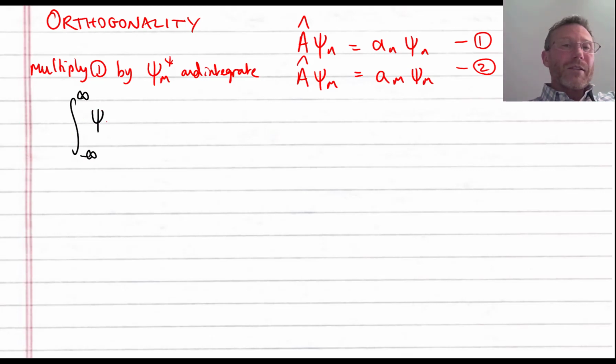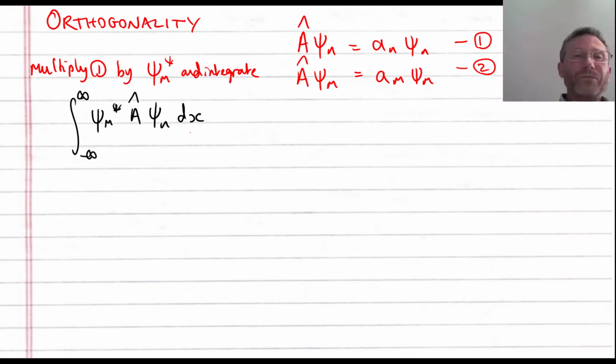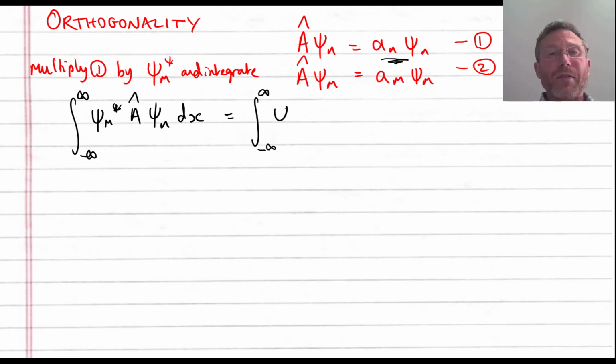We'll get the integral of psi m star a hat psi n dx. And this is now, of course, equal to, we're doing the same thing to the right hand side, psi m star a n.